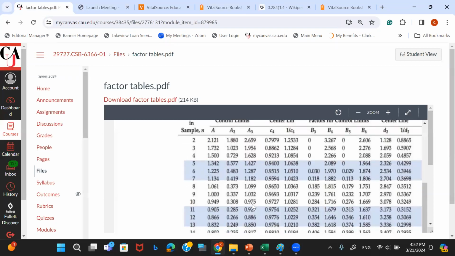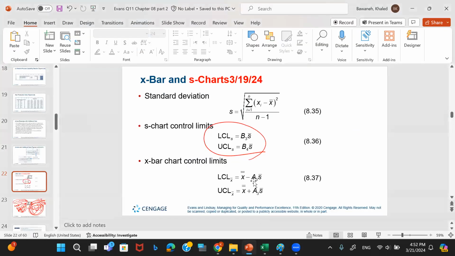My A3 is 0.975, B3 is 0.284, B4 is 1.716. And later I will need this number, C4, for calculating the standard deviation.